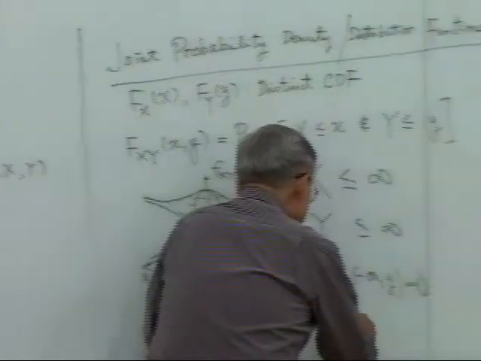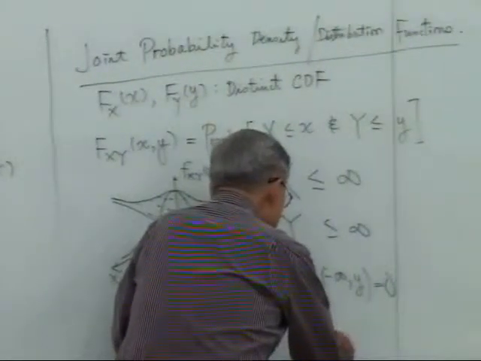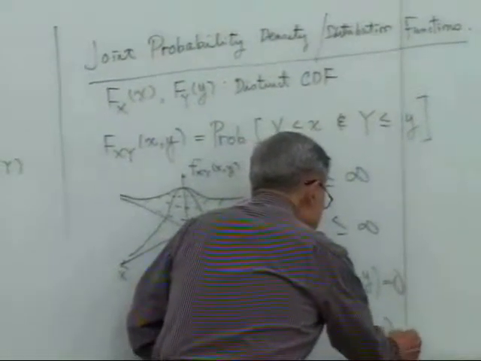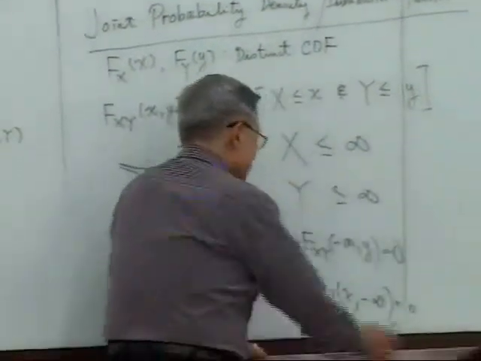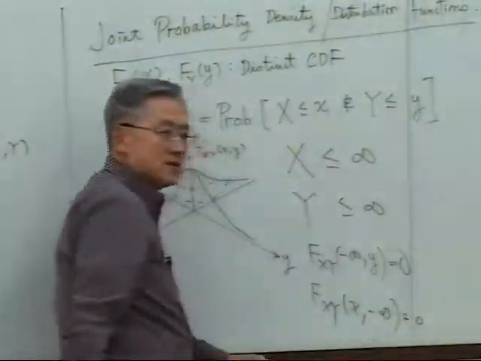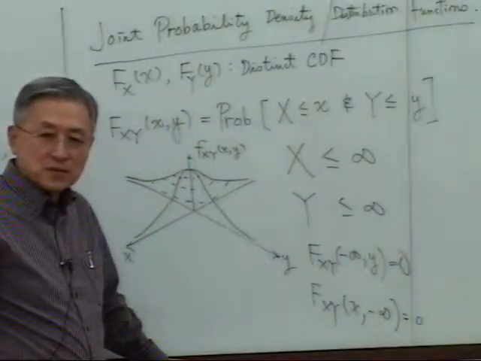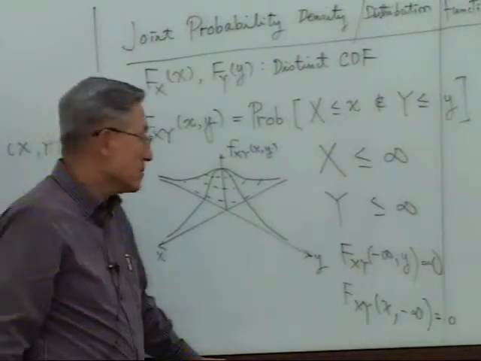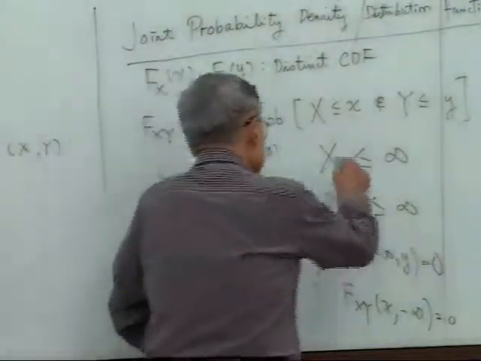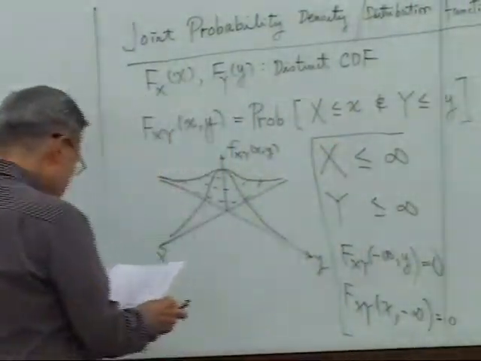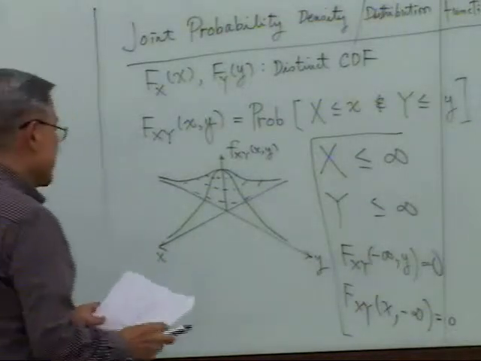What happens if y is approaching negative infinity? It works the same way, and it equals 0. It's a property.